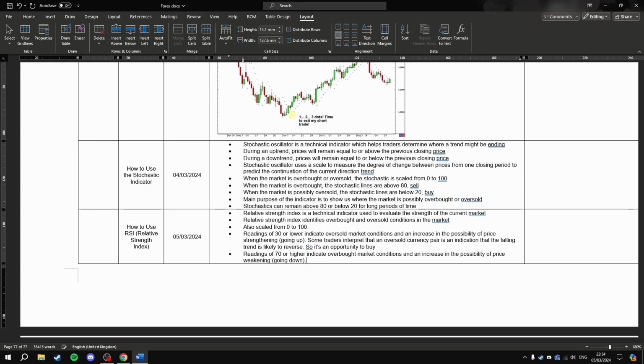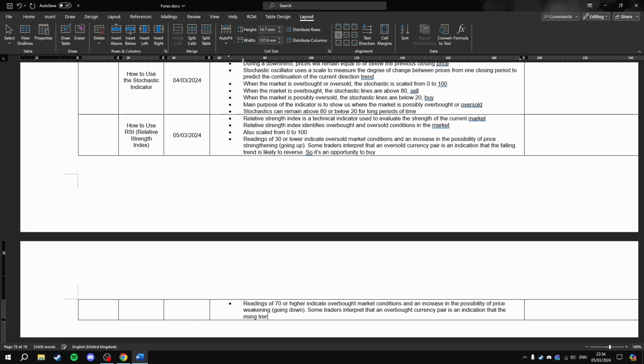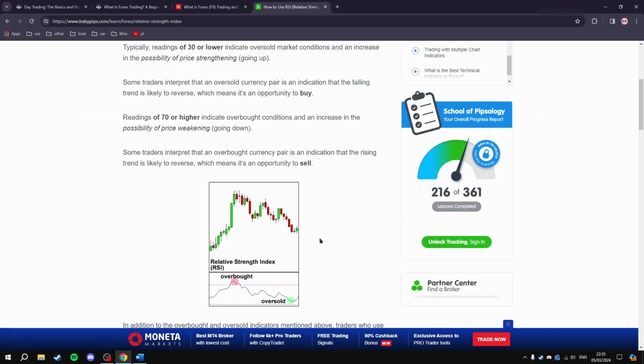Some traders interpret that an overbought currency pair is an indication that the rising trend is likely to reverse, so it's an opportunity to sell.